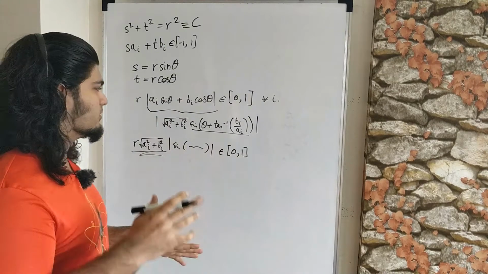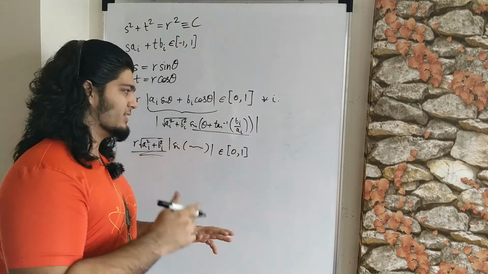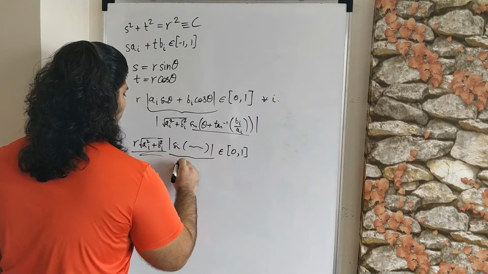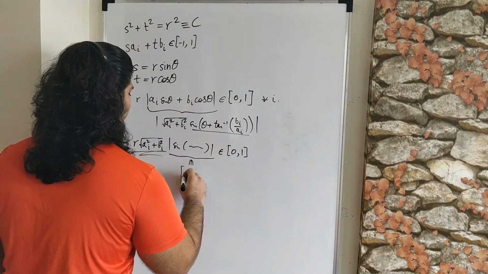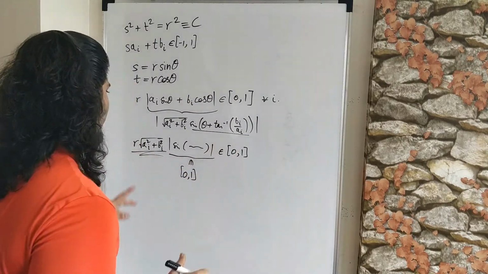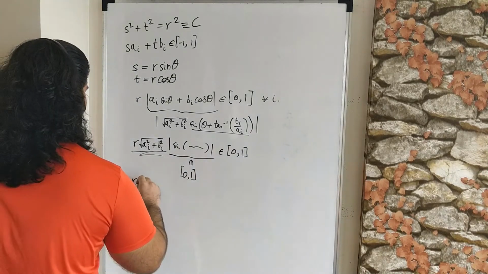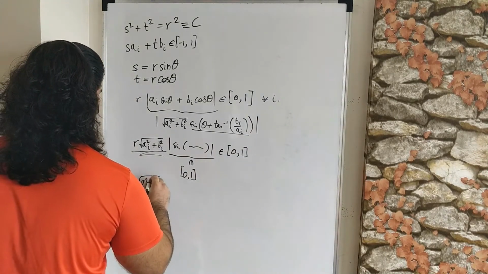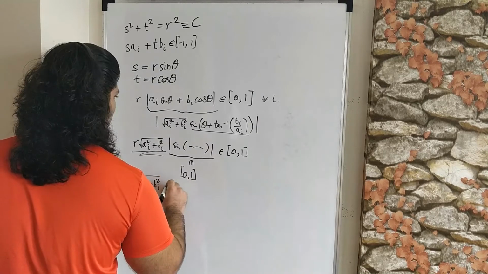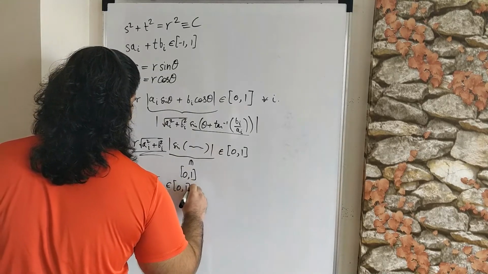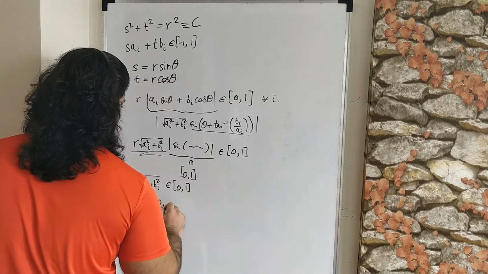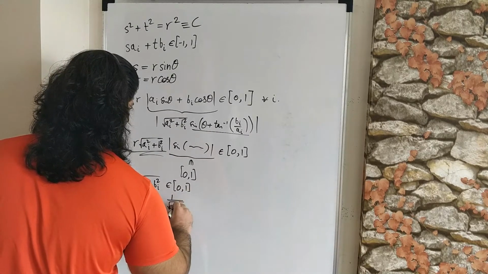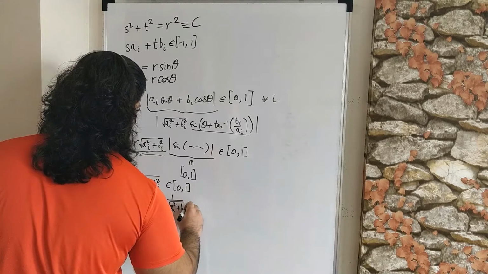So sine will vary from -1 to 1, and that means that this can be anything in the interval 0 to 1, because we are taking the mod. So that means r times root(a_i² + b_i²) is in 0 to 1, and that means r is in 0 to 1 over root(a_i² + b_i²).